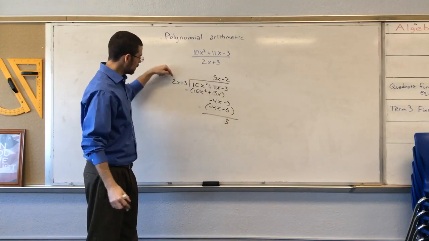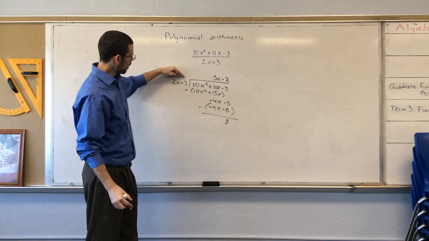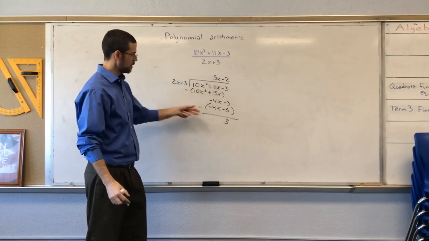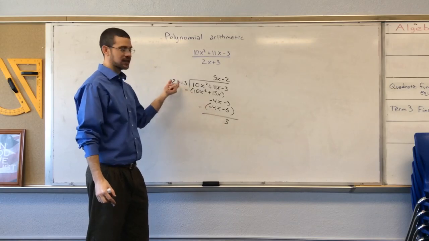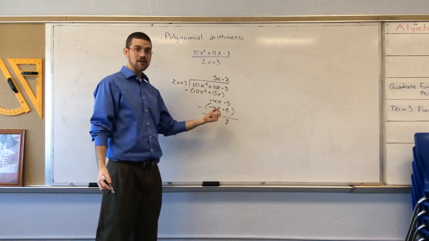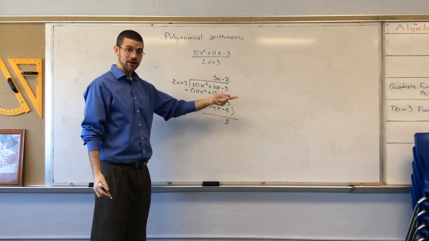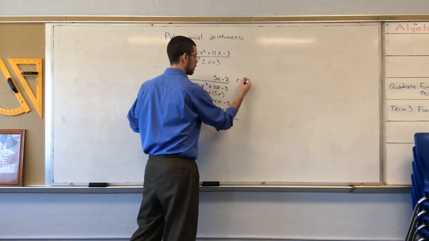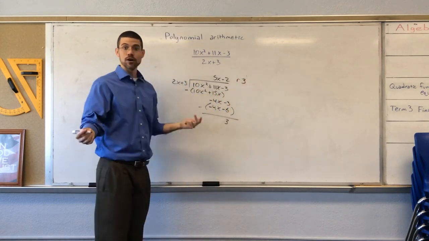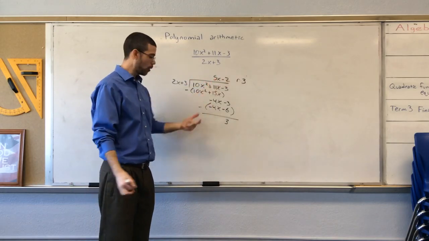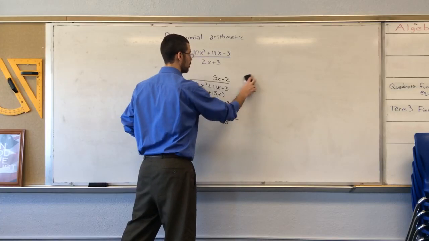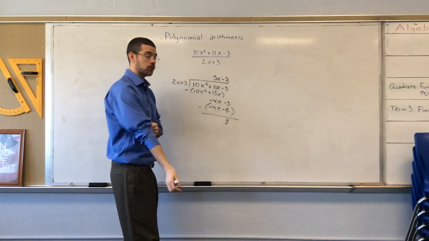I'm still dividing, right? Every step along the way I'm dividing by this 2x plus 3. I have 3. I can't make 3 out of x's because this term doesn't have x's. So our remainder would be 3 if you wanted to write it with a quotient and remainder format. However, that's not super helpful.